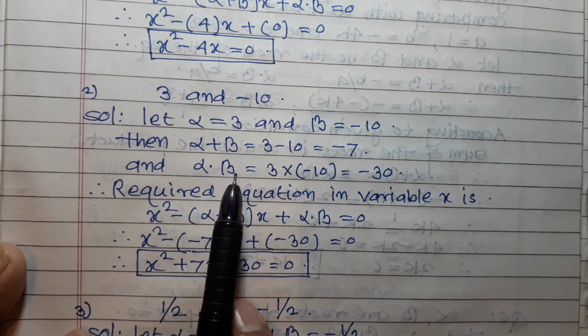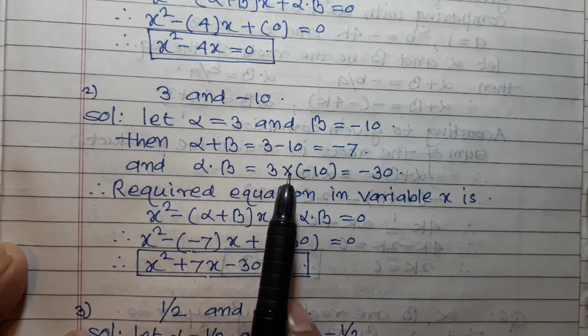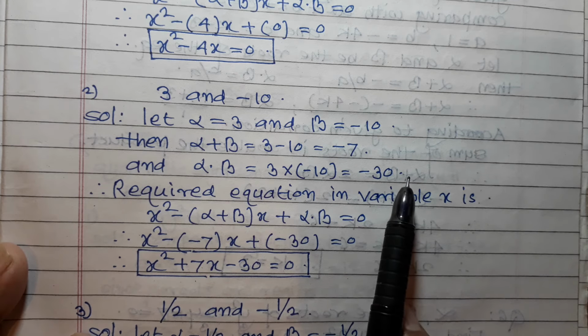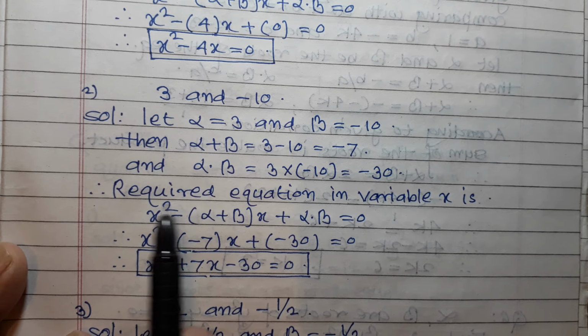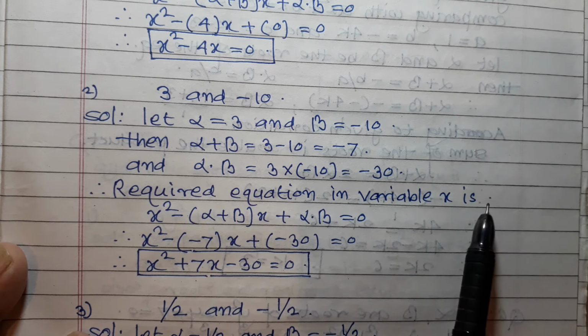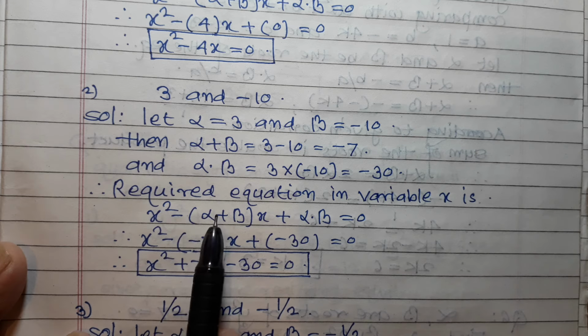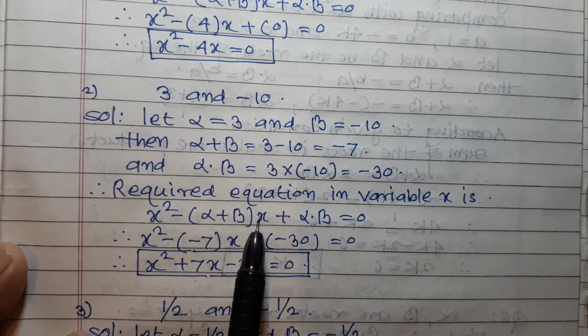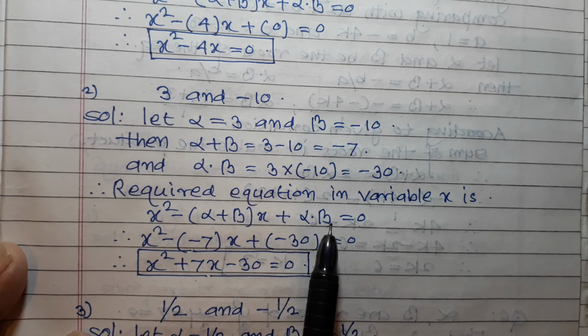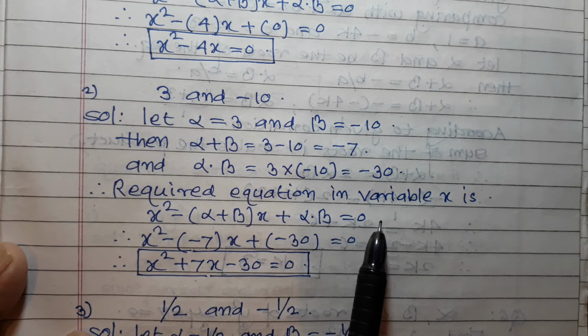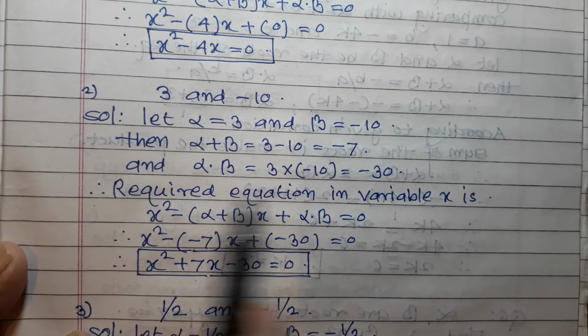And alpha into beta is equal to 3 into minus 10, that is minus 30. And therefore the required equation in variable x is x square minus alpha plus beta x plus alpha into beta is equal to 0. This is our formula.